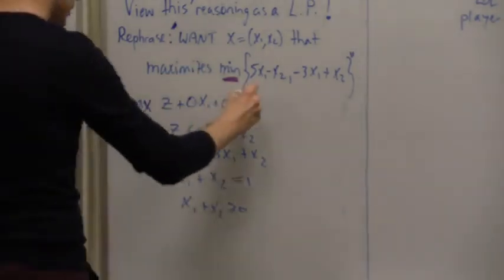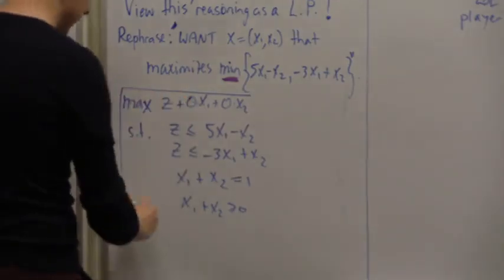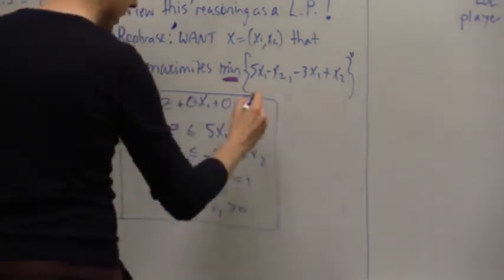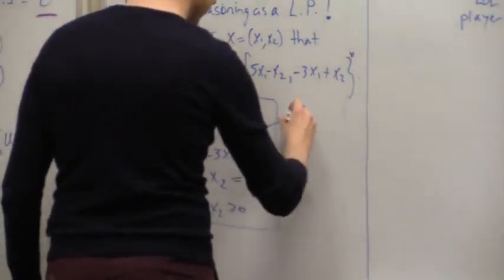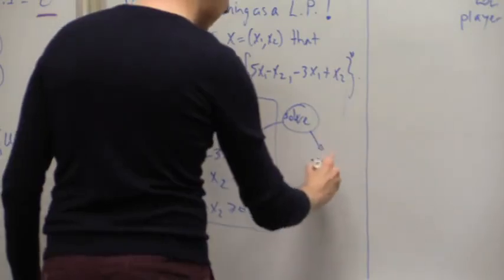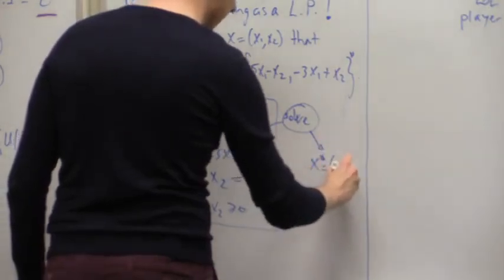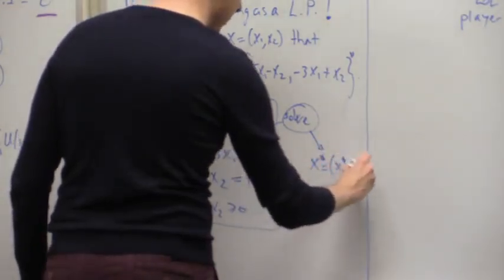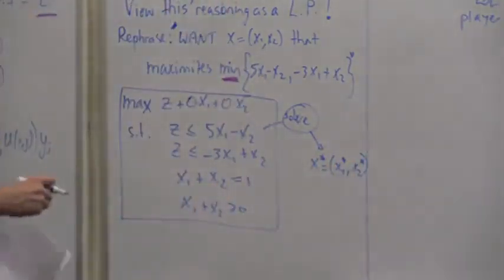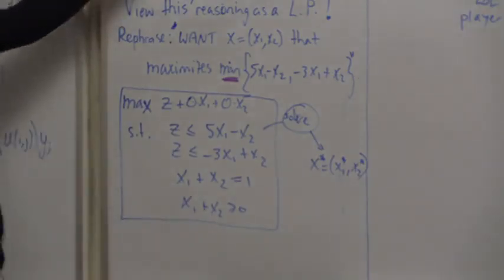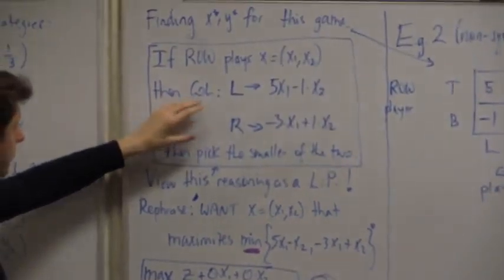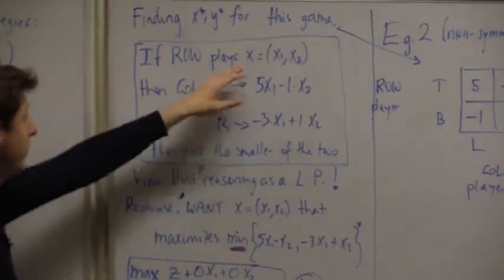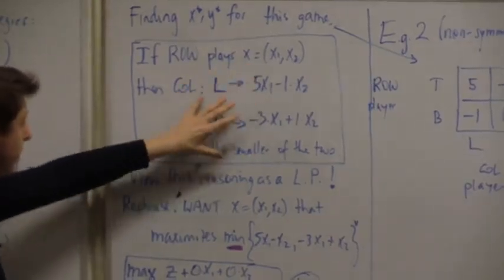And here is the linear program that if we solve is going to give us x star, which is x1 star and x2 star. So we took the generic reasoning of the row player and said, I'm just going to pick the best thing possible subject to these constraints.